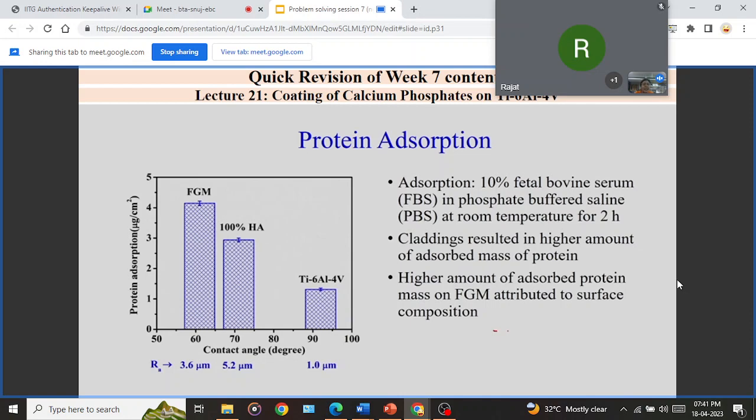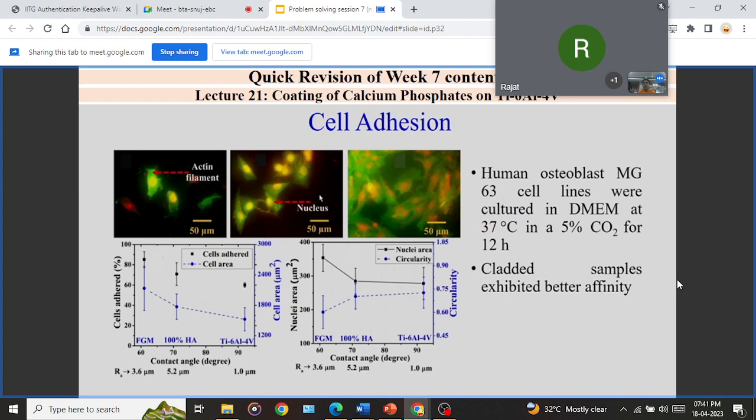So cladding results in a higher amount of adsorbed protein mass, and the higher amount of adsorbed protein mass on FGM is attributed to surface composition. Again, for the roughness factor, it is the least in the case of titania, whereas in the case of the 100% hydroxyapatite modified surface it is the highest, that is 5.2 micrometer.